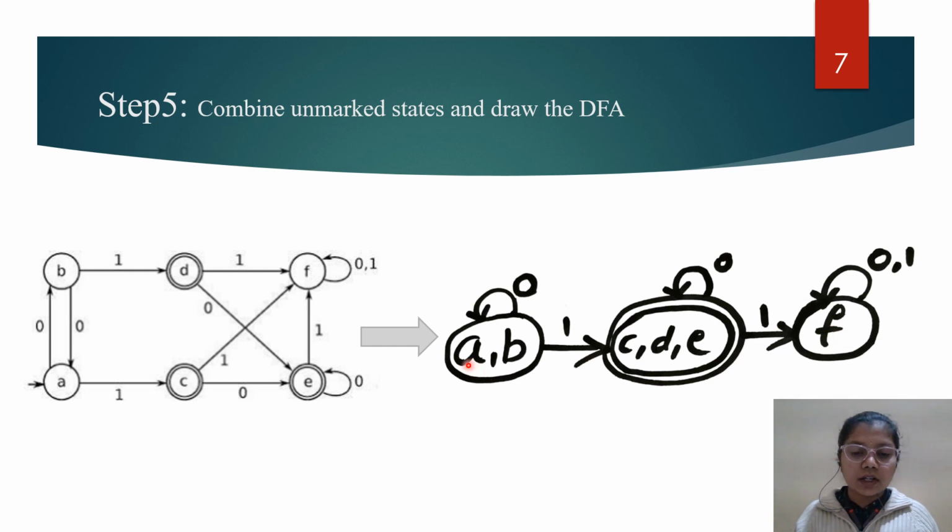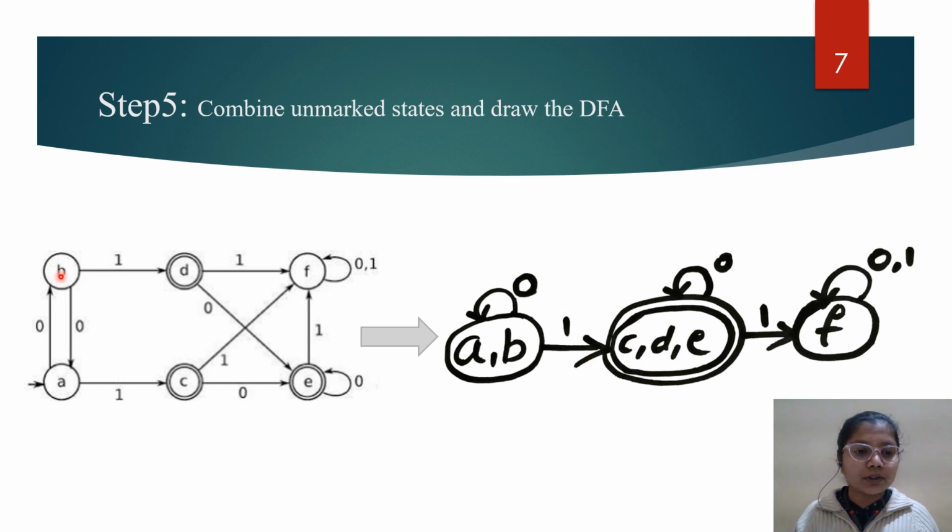Now check A on giving the inputs 0 and 1. A on giving 0 goes to B, so B is here itself, so give the self loop. And A on giving 1 goes to C, so it goes to the next state, C, D, E, on giving 1. Next, check B also.